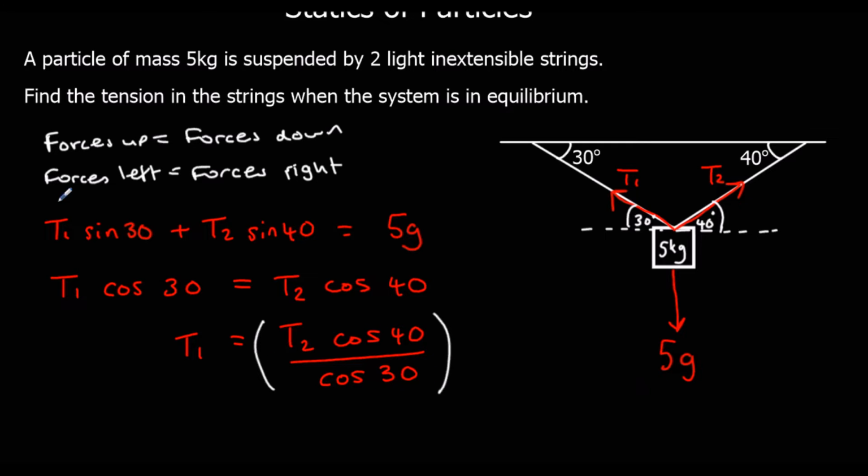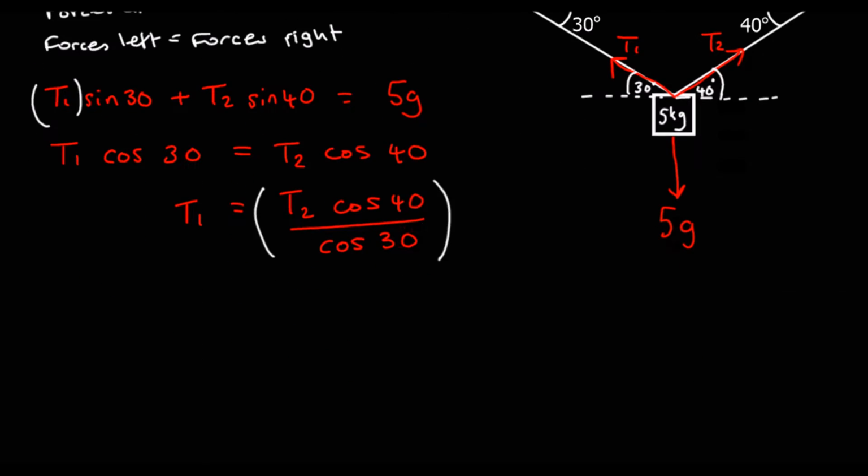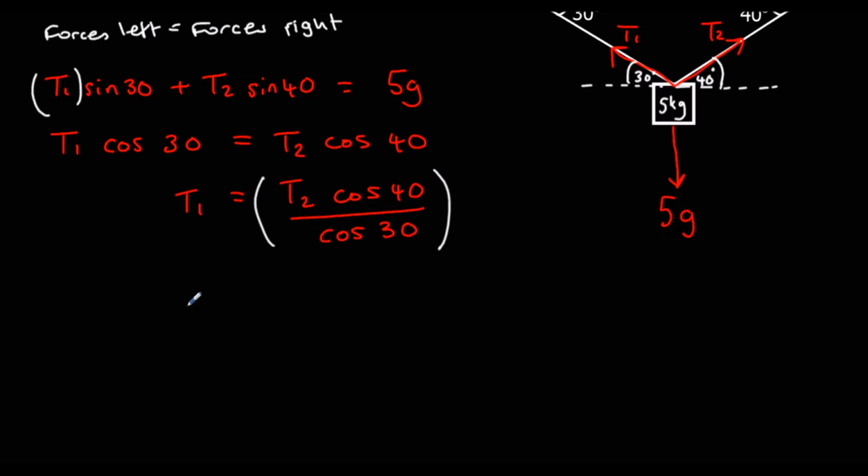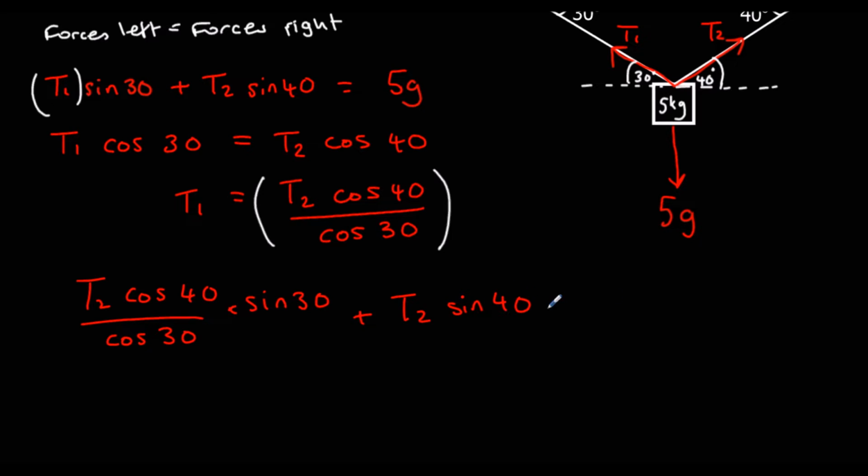And I'm going to substitute this into my first equation, and I will eliminate T1. So if I do that, I've got T2 cos 40 over cos 30 times sine 30 plus T2 sine 40 equals 5g.